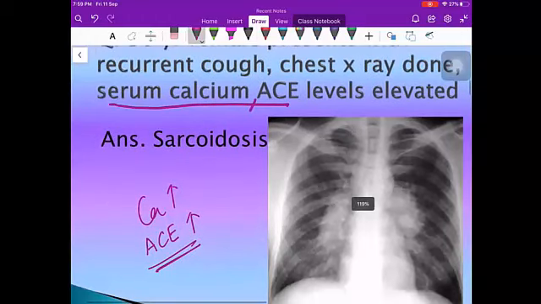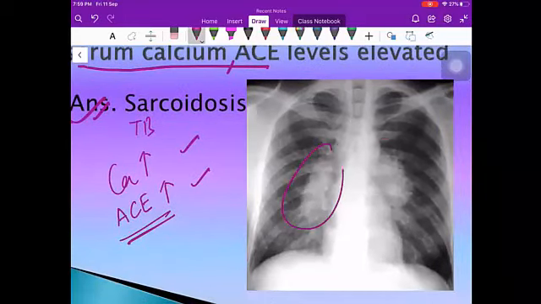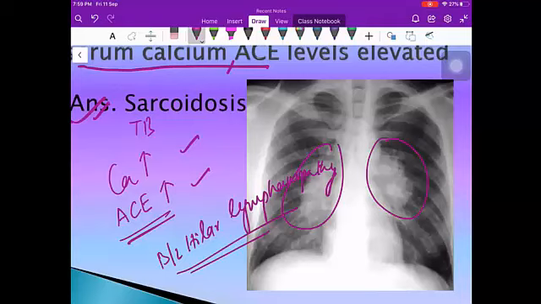Among tuberculosis and sarcoidosis, you have to select. So this is sarcoidosis, where calcium and ACE levels are elevated, and you can see there is bilateral hilar lymphadenopathy. You have to rule out tuberculosis because calcium and ACE levels have been given.